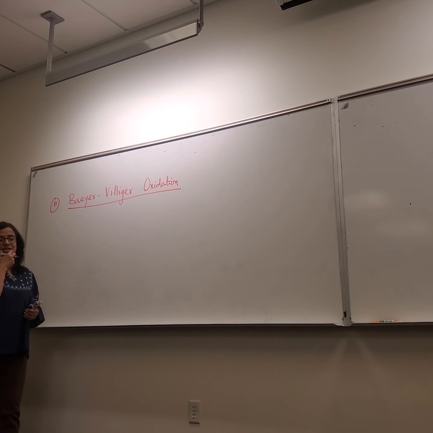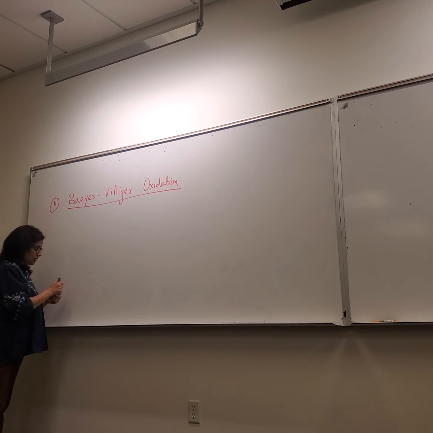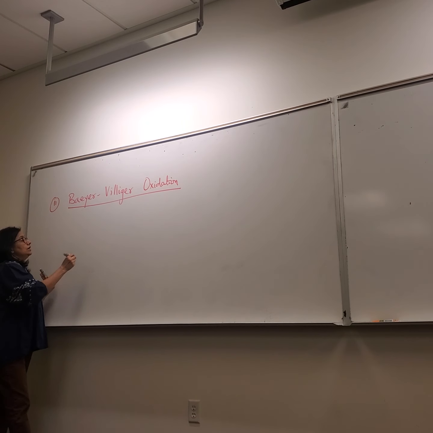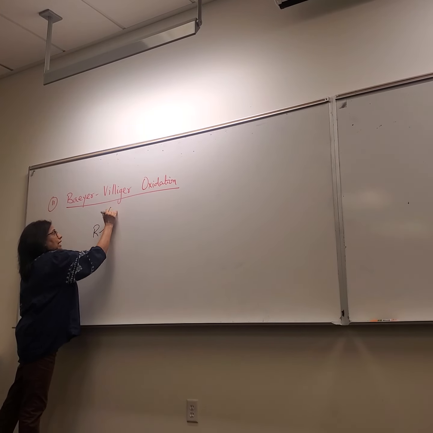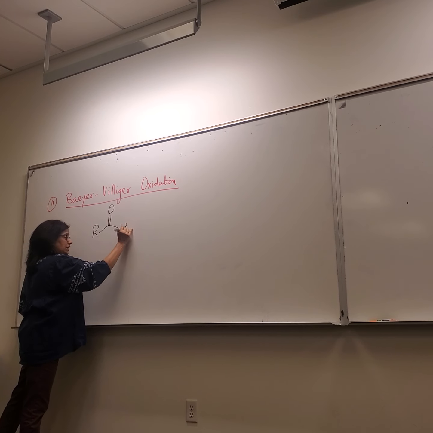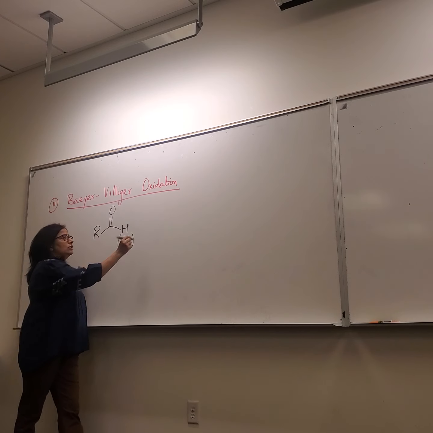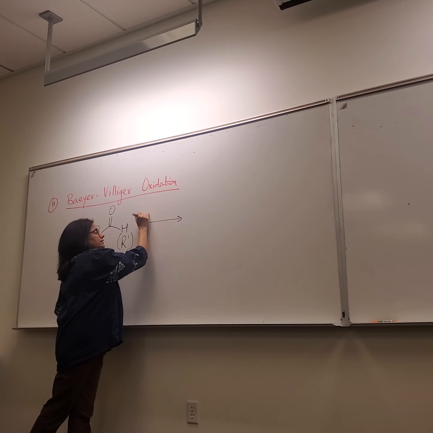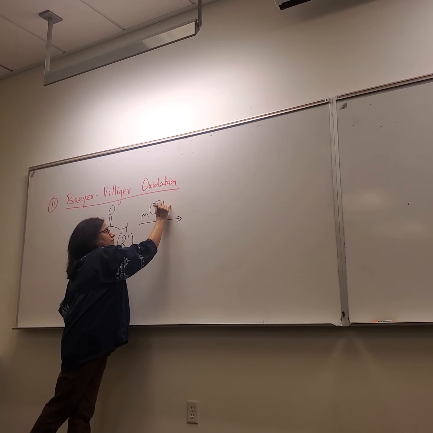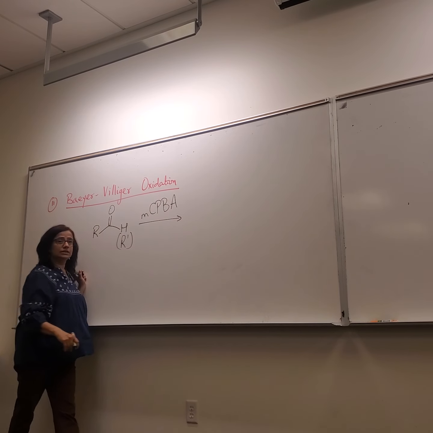Okay, Baeyer-Villiger oxidation is an oxidation reaction where aldehydes or ketones do undergo this reaction. The oxidizing agent is something you've seen before. You guys remember seeing this before? MCPBA.